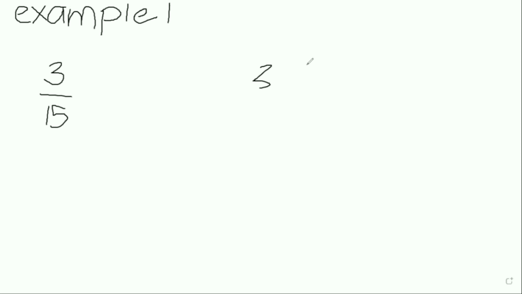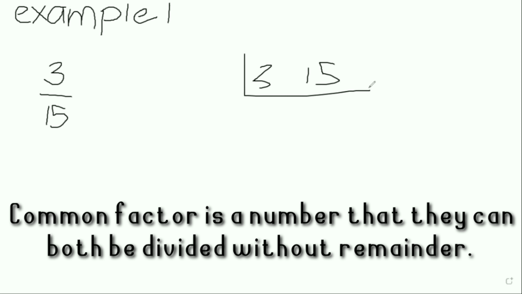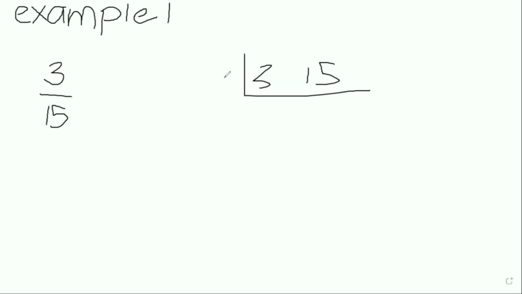So let's see. In continuous division, we have to look for the common factor of the numerator and the denominator. So the common factor of 3 and 15 is 3. 3 divided by 3 equals 1. And then 15 divided by 3 equals 5.